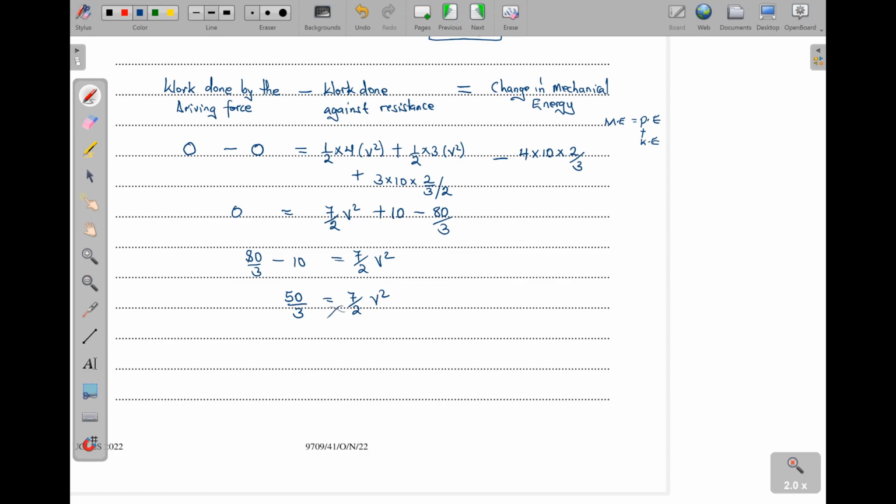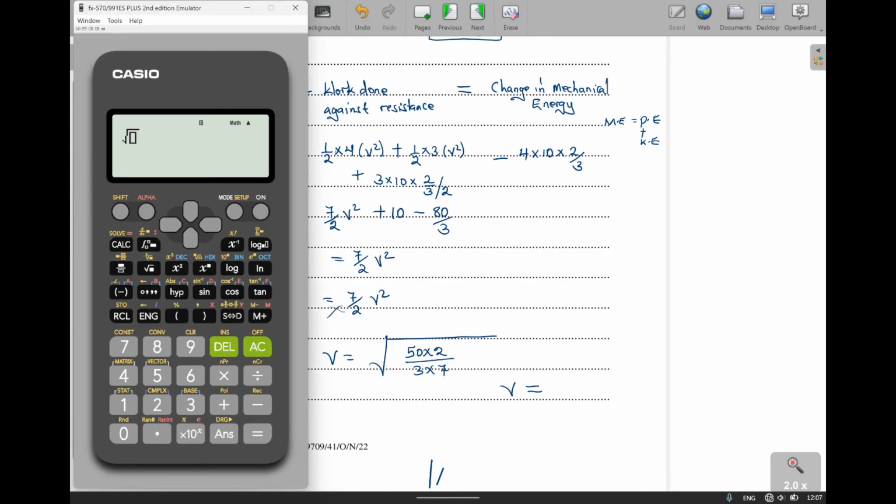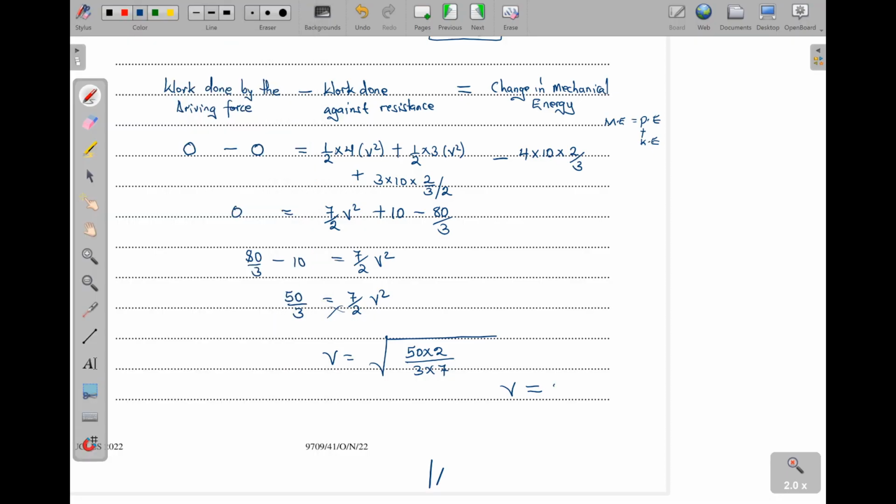So when I cross multiply, v is going to be the square root of, first get the 50, multiply it by 2, then divide by 3 times 7. So what is our v? Square root of 100 divided by 21, and the answer becomes 2.18, that is to 3 significant figures, 2.18 meters per second.